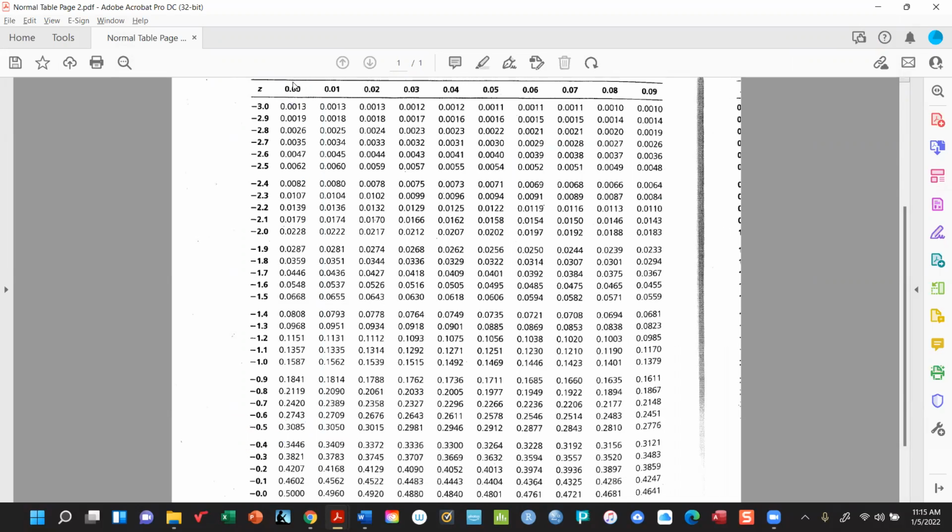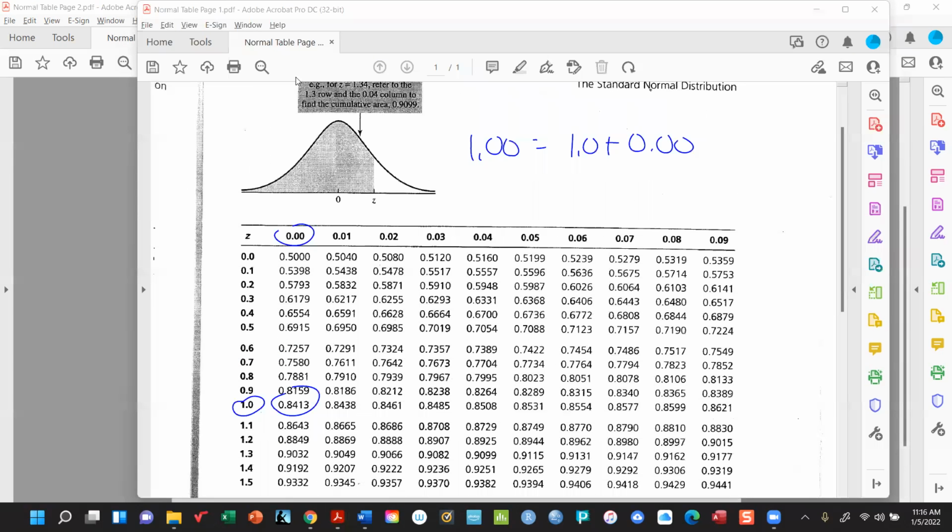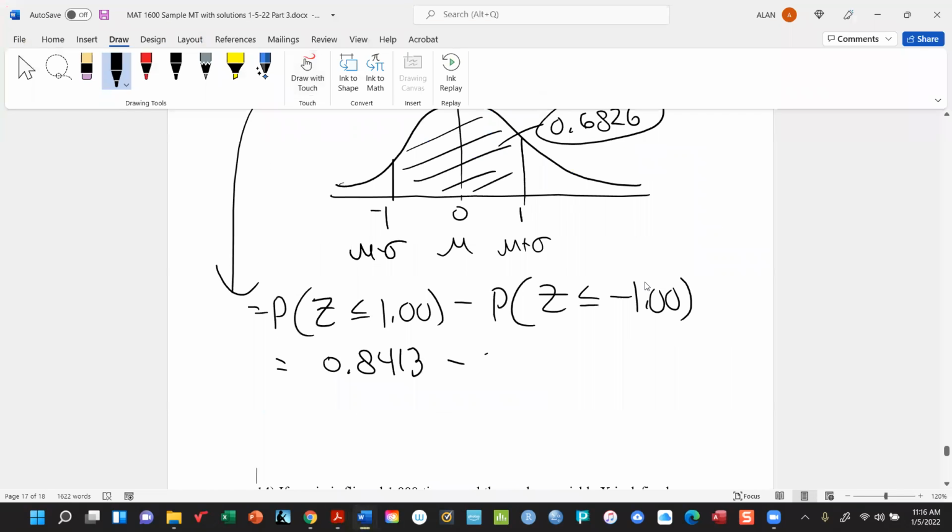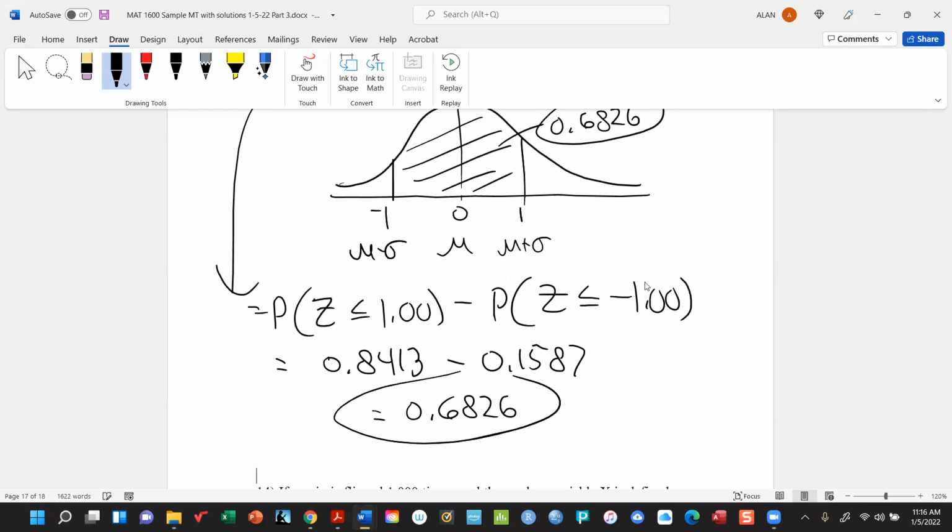All right, minus 1 combined with 0.00 is 0.1587. And so if you subtract one from the other, guess what you end up with? There you go. And that's why this is happening. So roughly 2/3 of the distribution is within one standard deviation of the mean.